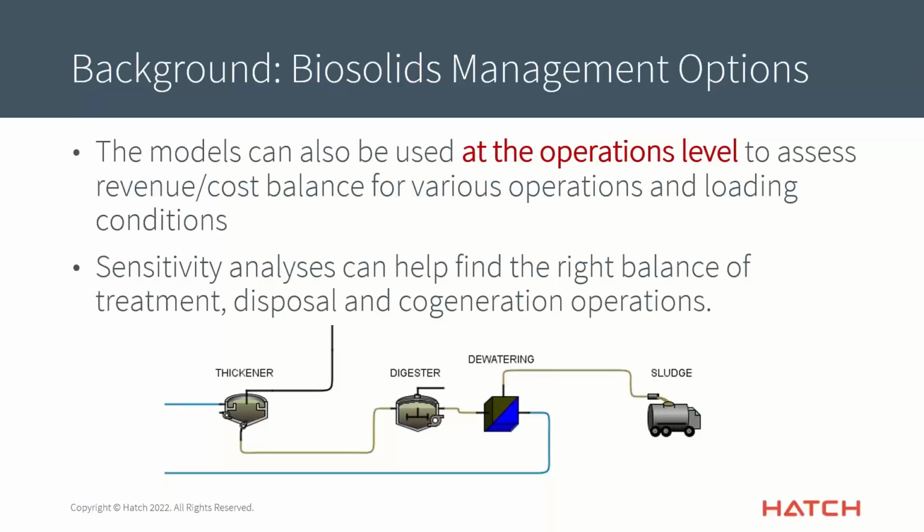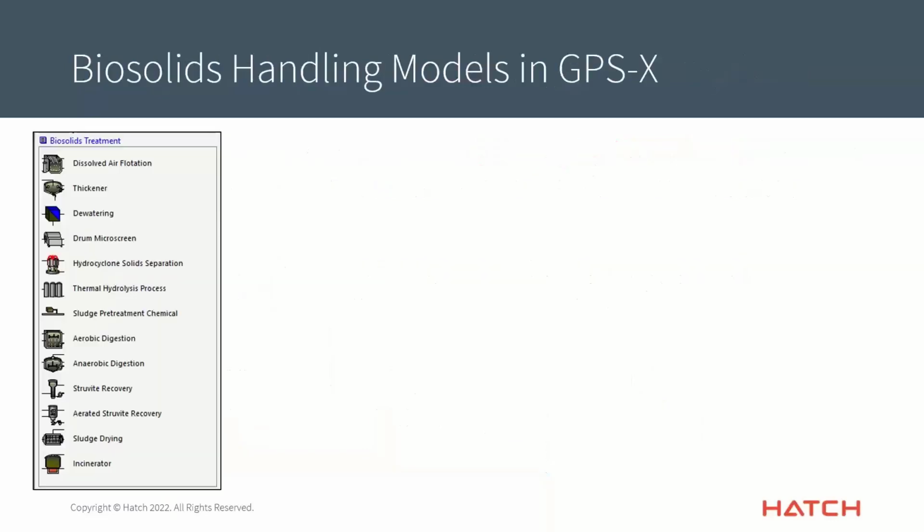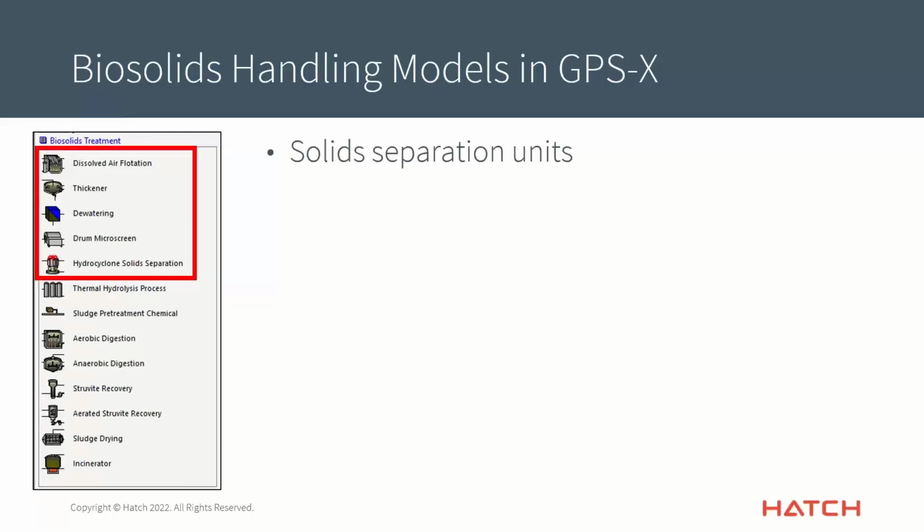And so that's what we're going to be looking at doing today here, finding the balance of treatment and disposal and cogeneration operations. Okay, so now to be able to do all of this, you need to be able to set it up and associate the appropriate costs that you want to capture in your model and the appropriate potential revenue generation units also in your model as well, so that you can put those two things together and subtract one from the other and find out whether you're paying or losing money, right? So basically, we're going to go through all of these units here in the biosolids treatment panel.